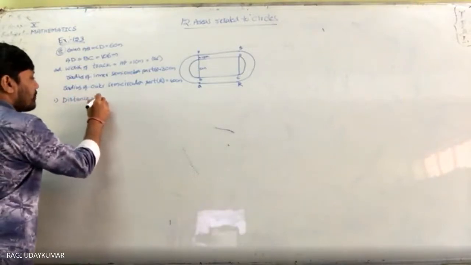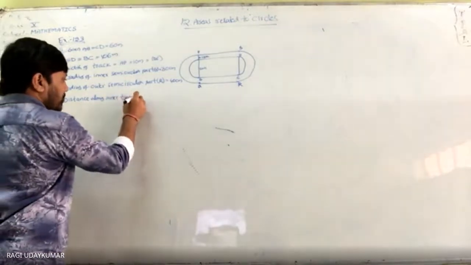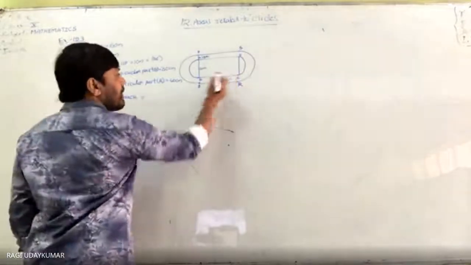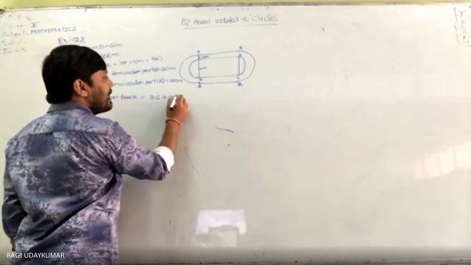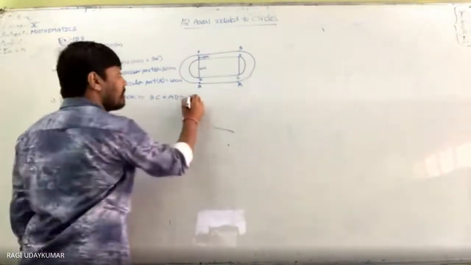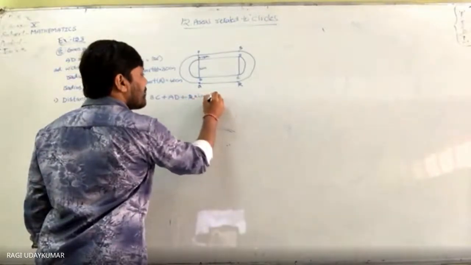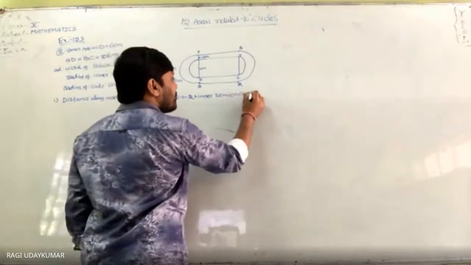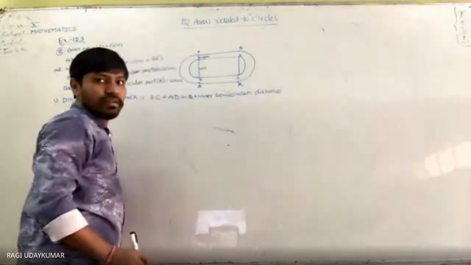Now the first question: the distance along the inner track is equal to what is the BC length? BC length plus AD length plus 2 times the inner semicircular distance, same radius.